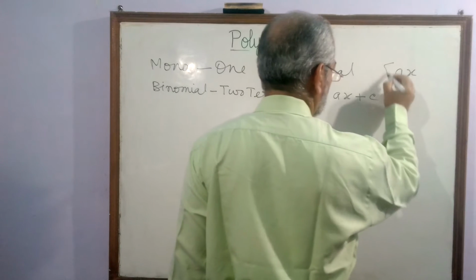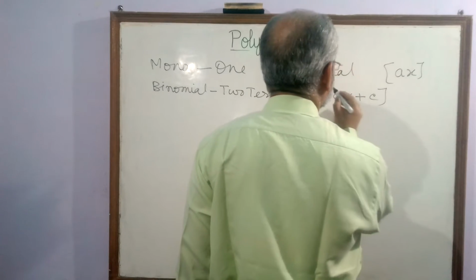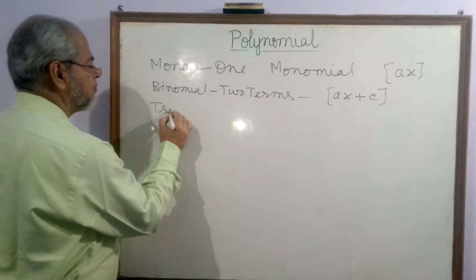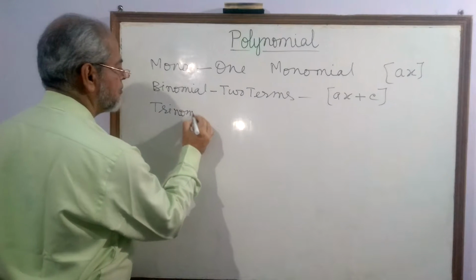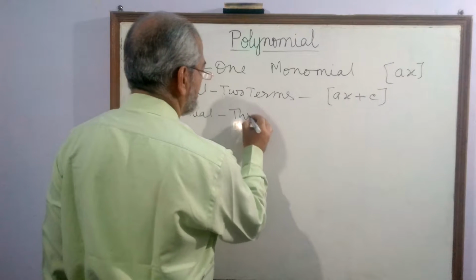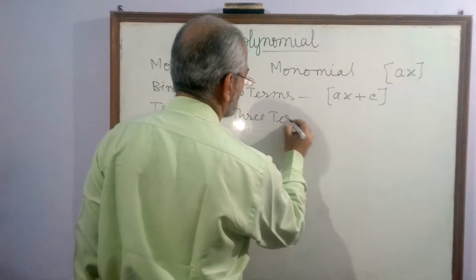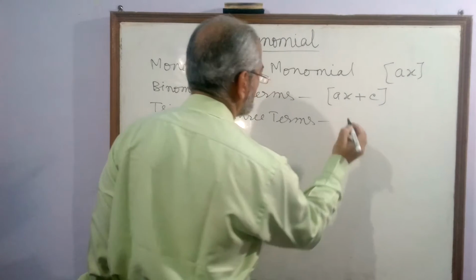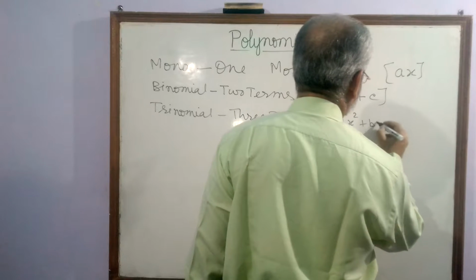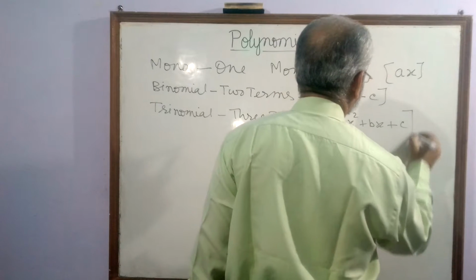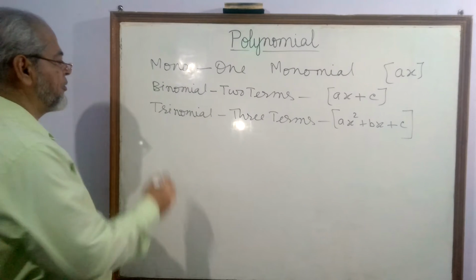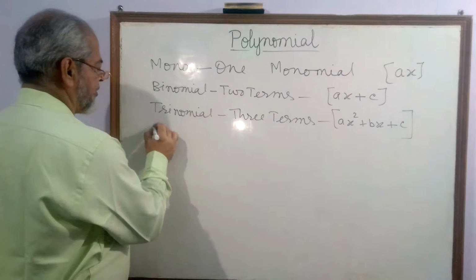So these are the examples. Trinomial, that means which has 3 terms. For example, ax square plus bx plus c, and so on.